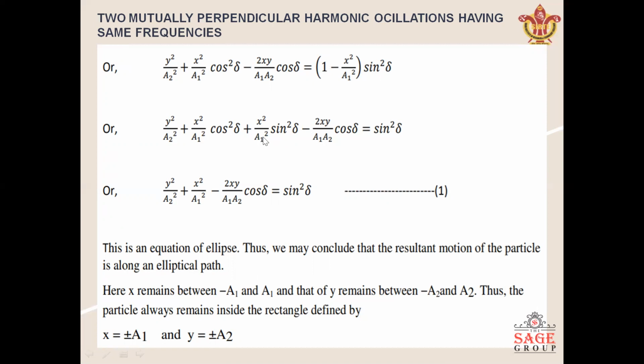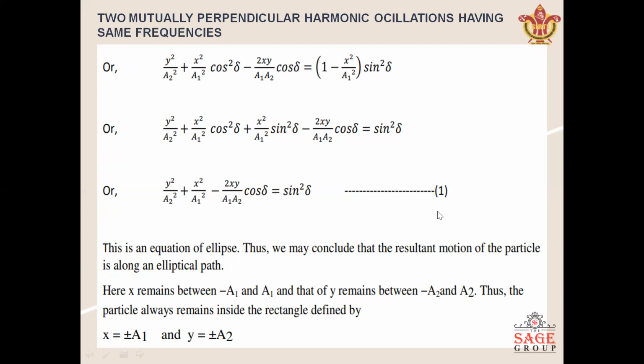In the bracket this will be cos square delta plus sine square delta, and we already know, guys, that cos square delta plus sine square delta is equal to 1. So it will give the value x square upon A1 square. So y square upon A2 square plus x square upon A1 square minus 2xy upon A1 A2 into cos delta is equal to sine square delta.